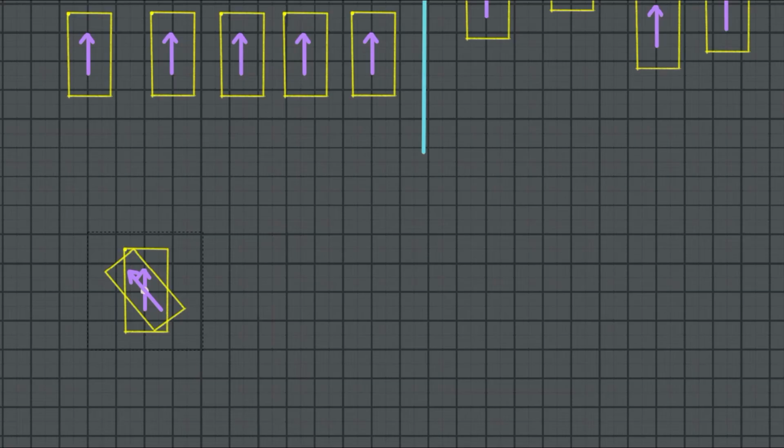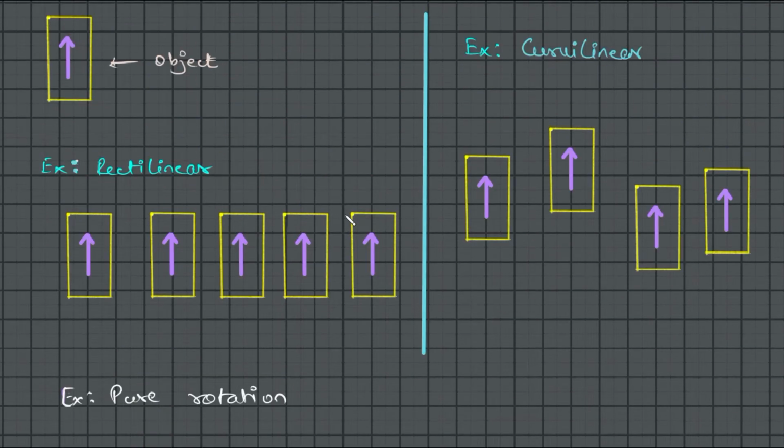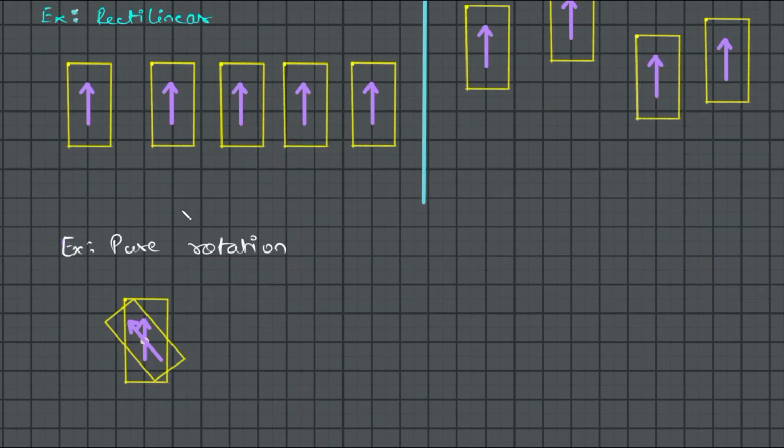If I keep doing that, this is an example of pure rotation. Now, I have a question for you. Let me start off with this. What is the difference between the rectilinear and the curvilinear? What do you see as the differences? Okay, next. What do you see as the difference between the rectilinear and curvilinear with pure rotation?